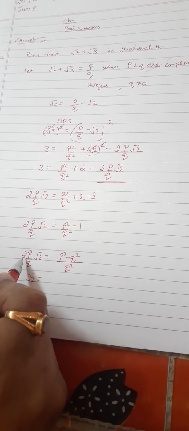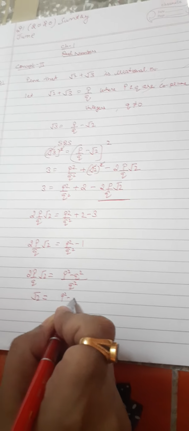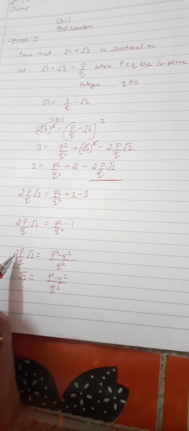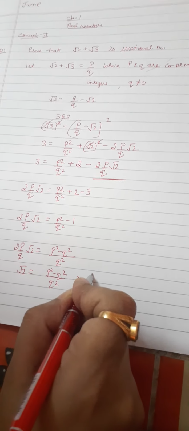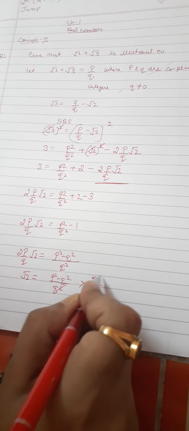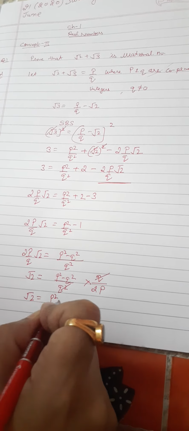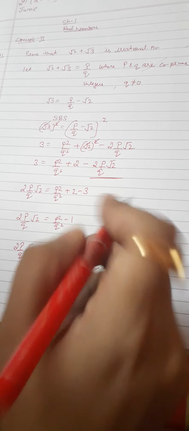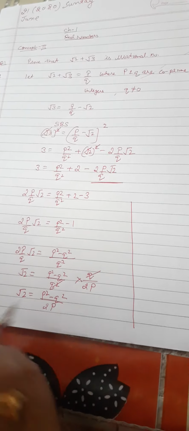Now you will shift p upon q to the right hand side, it will become the reciprocal. When you shift this term to the right hand side, you will get the reciprocal of the same. Okay, so q gets cancelled with the q. Under root 2 is equal to p square minus q square upon 2p. Okay, so I'm solving here so that the question remains on a single page.